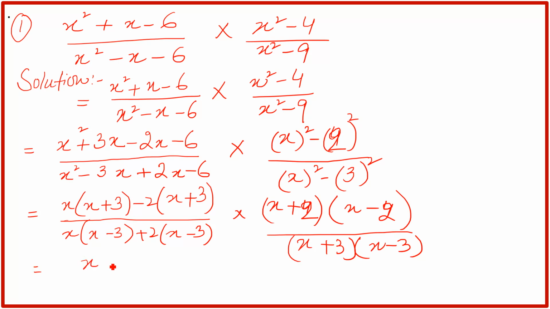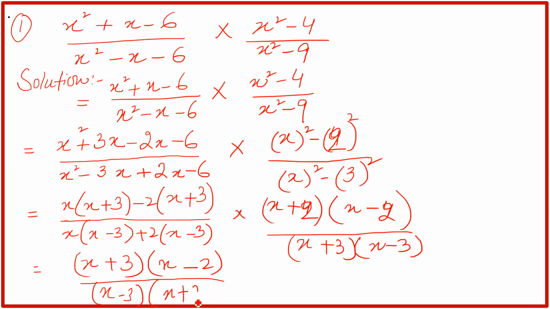So here x plus 3 is common, we can take it one time, multiplied by x minus 2, divided by x minus 3 into x plus 2. Here is x plus 2 into x minus 2, x plus 3 into x minus 3.